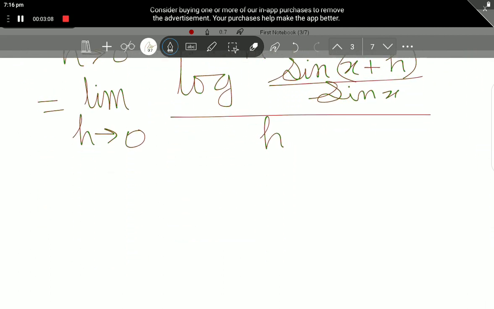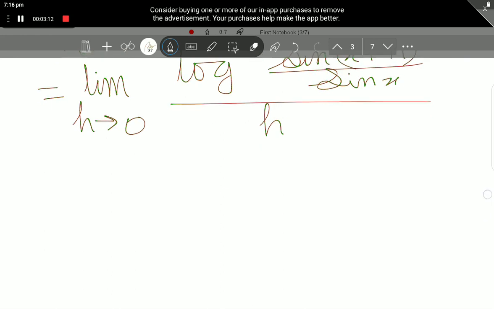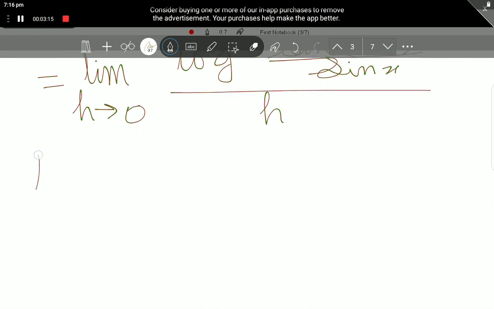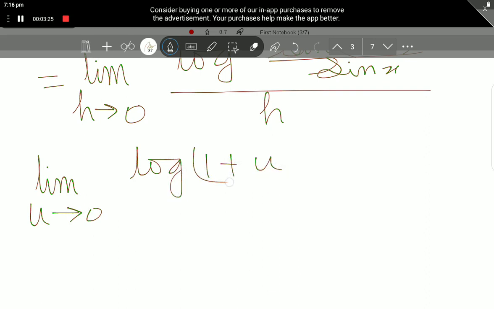Now, we know a few results about limits and logarithm. One of them is limit u tends to 0, log of 1 plus u, whole thing divided by u, equal to 1. Do we have such a result there?